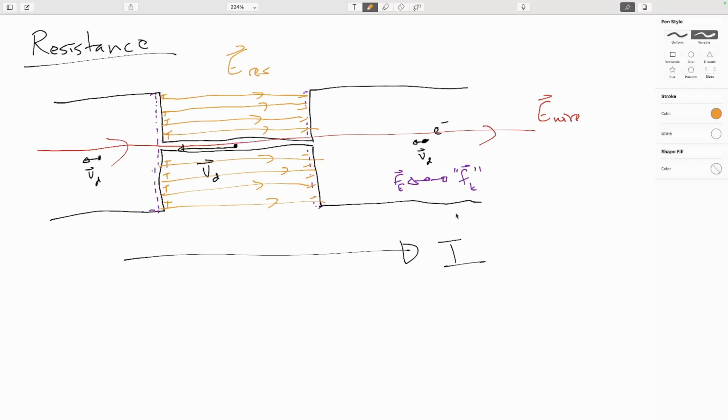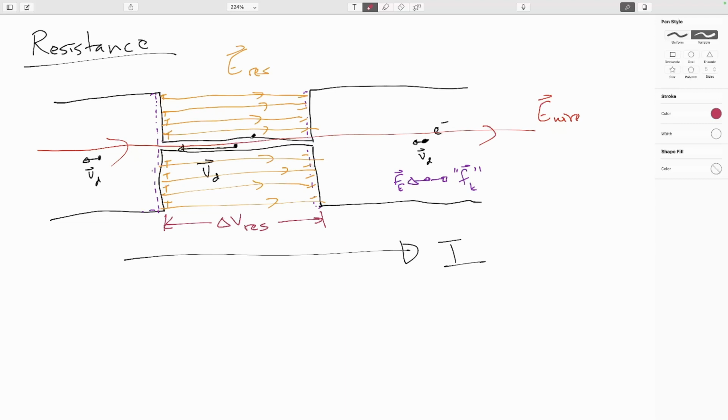So usually what we do is we just say within the wire, the voltage drop along the wire is pretty much minimal. But here we totally cannot ignore this. The electric field within the resistor is much stronger. And so we'll end up saying that we have a rather non-negligible voltage difference across the resistor, like so.